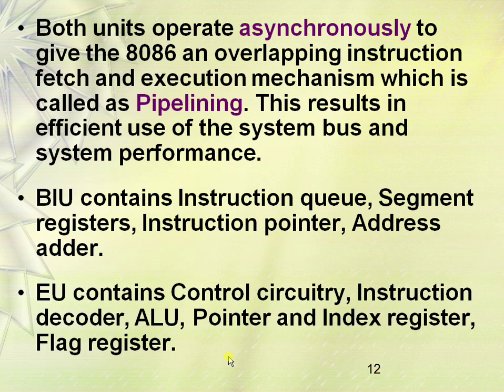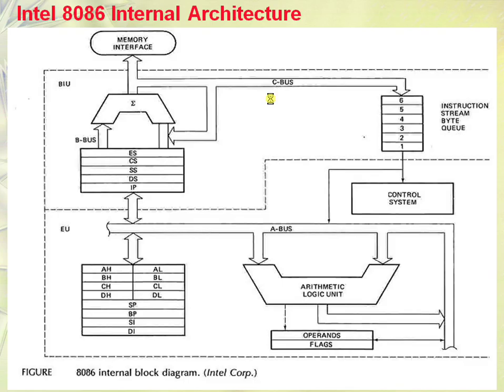Here, both the BIU and the execution unit are asynchronous in nature, in the sense that both are independent. While the BIU is fetching the instruction from the memory, the execution unit will be executing the previously fetched instruction, which is taken from the instruction byte queue.